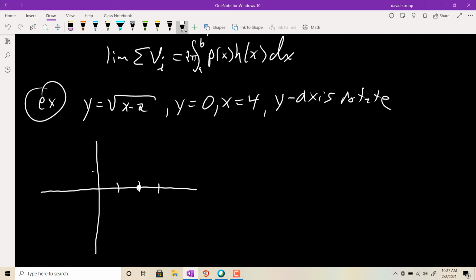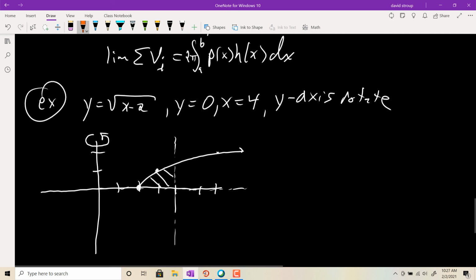At 3 it'll be square root 1, which is 1. At 6 it'll be square root 4, which is 2. So our curve looks like this. Y equals 0 is just the x-axis, and x equals 4 is this vertical line here. So the region we want rotated is this region, about the y-axis.